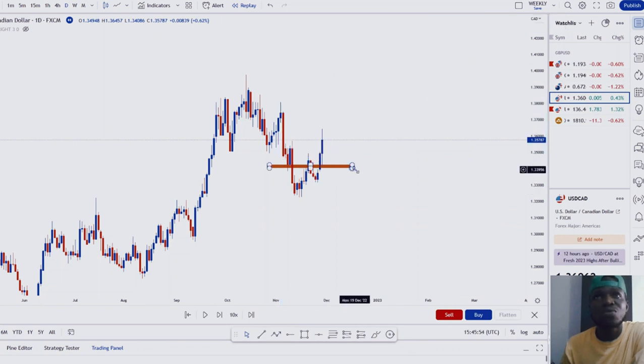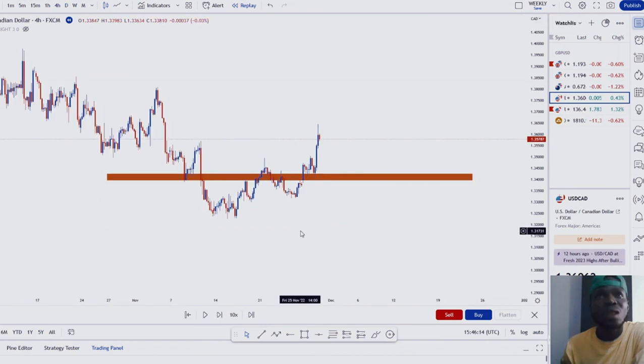Now once you're able to figure out the market direction on the daily time frame, this zone was acting as a resistance before, now turned to support. Then you go to your 4 hours time frame to look for a perfect entry to join the bullish movement.